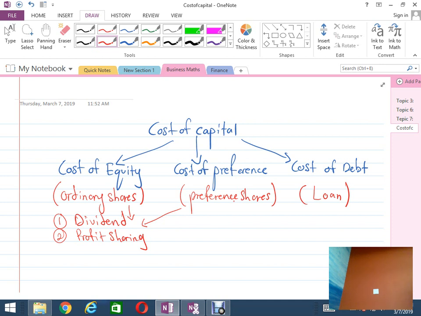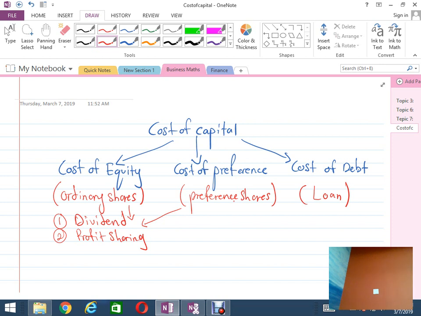When I give you a dividend, it's an expense for me. Profit sharing, my profit I have to take out and give to you. It's an expense for me, correct? So that's why we need to include this as cost. Okay, understand, guys? Same goes to preference.